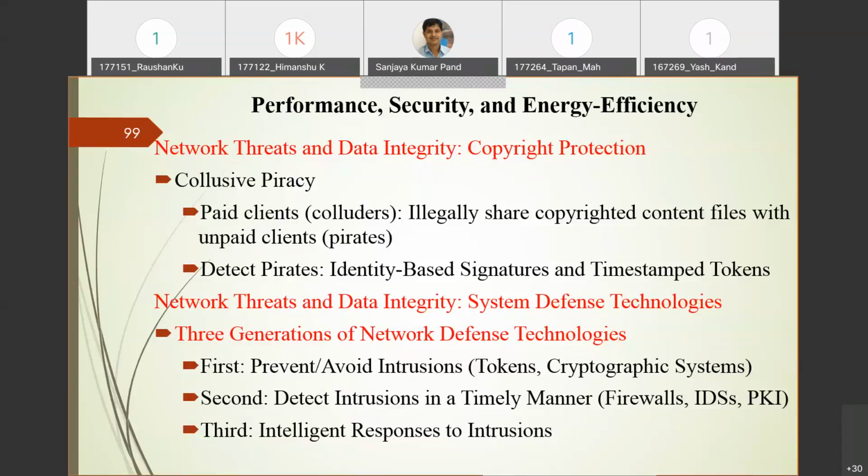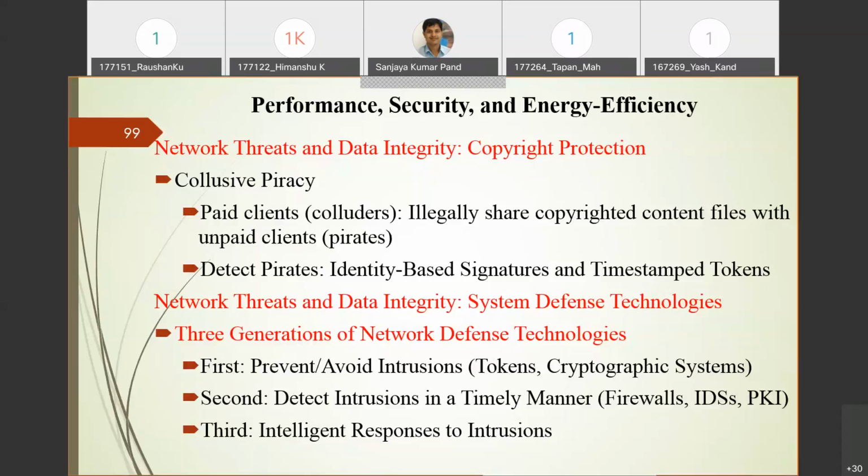So if you go for system defense technologies, system defense technology has three generations. Earlier, people tried to prevent or avoid intrusions. So we install antivirus, or we have a strong firewall system, right? In which we can prevent or avoid intrusion.